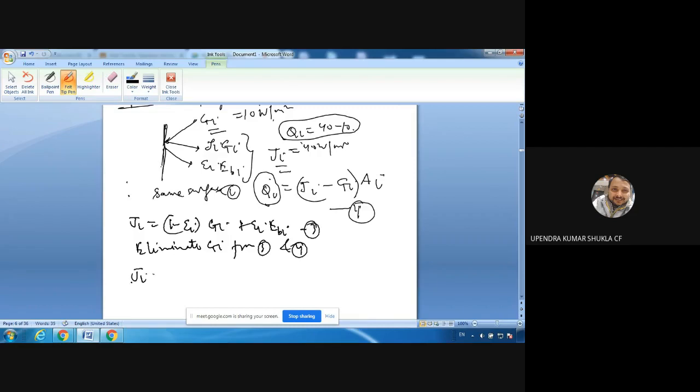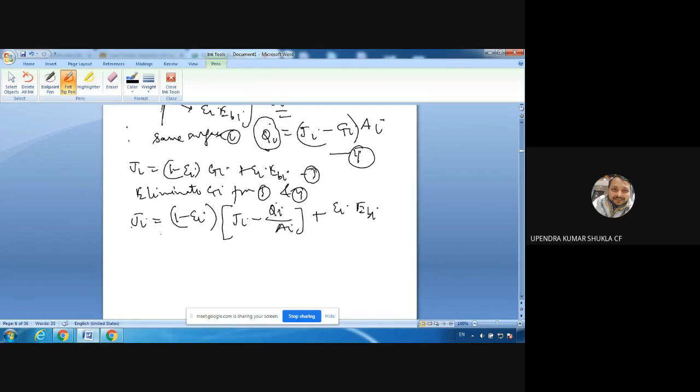So Ji is equal to (1 minus epsilon I), and in place of Gi, from here we get Ai, Ji minus Qi, divided by Ai, plus epsilon I Ebi. Now I would like to take Ai common, and divide by this one minus epsilon.